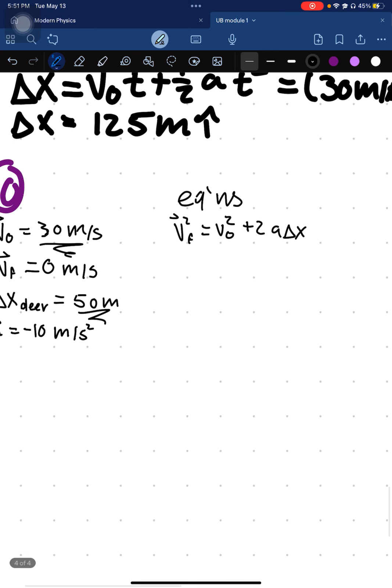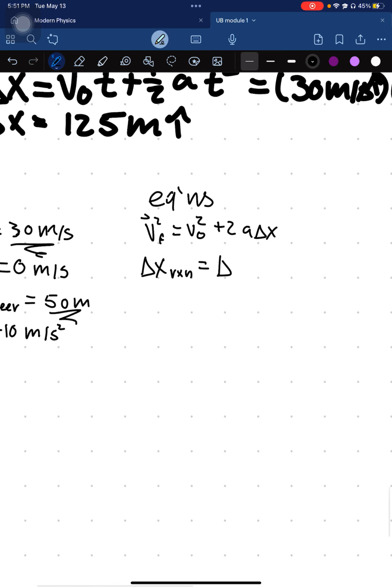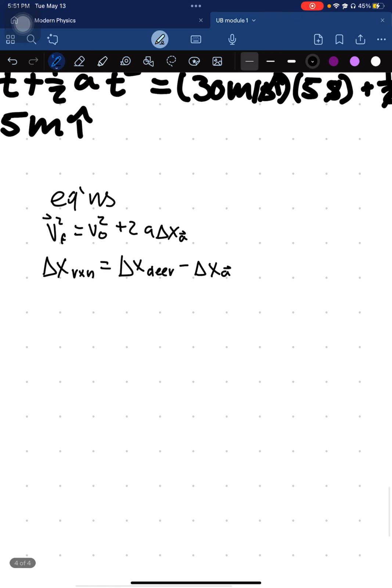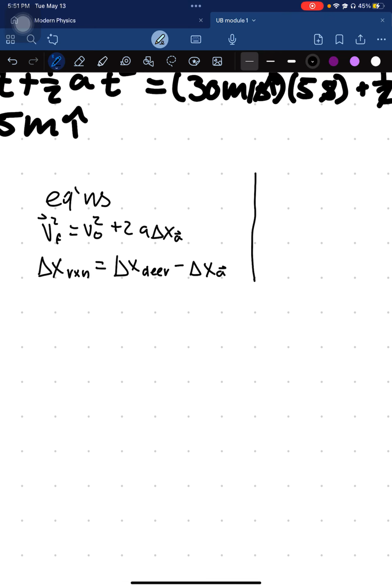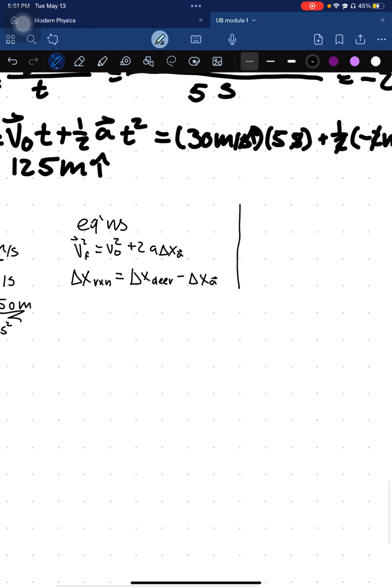And then I know that my delta x reaction time is equal to my delta x deer minus delta x acceleration. This is the delta x that goes with our acceleration, so that's why I'm calling it that. It's the one where we're applying our acceleration to.